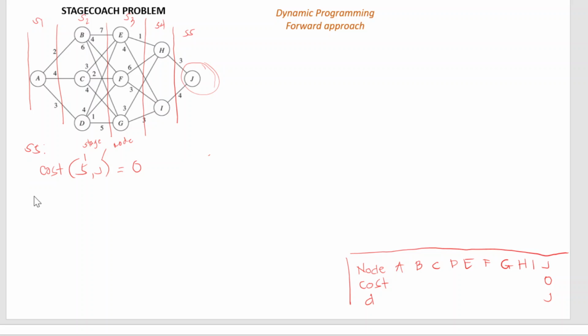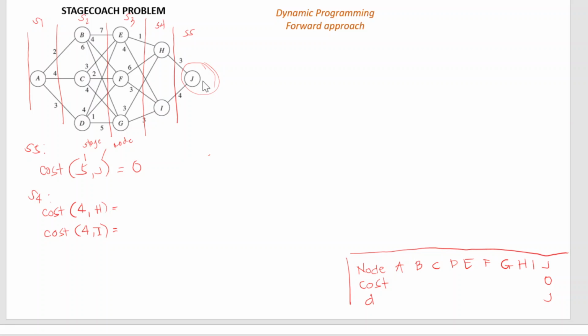Next, let's go to stage 4, where we have H and I. We need to get the cost of stage 4, H, and the cost of stage 4, I. Stage 4, H is equal to 3.